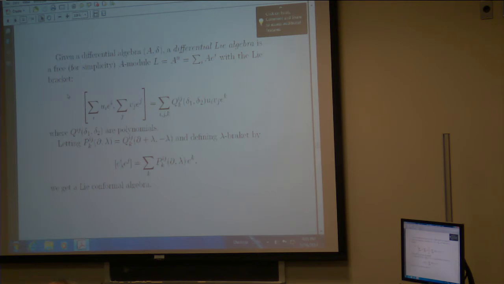So this is a vector space over a differential field F and a Lie algebra over the constants of F, the field of constants of F, because the bracket has coefficients that are differential polynomials. Therefore the bracket is just C bilinear, not F bilinear.